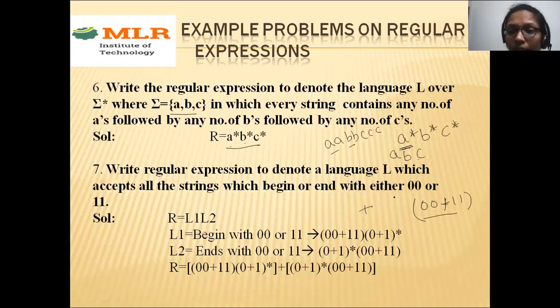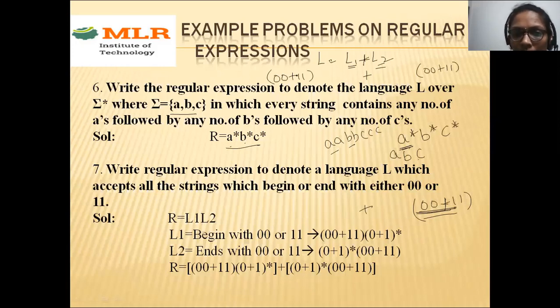So you're going to write two expressions here, and the overall expression is obtained by combining the two expressions using plus. In one expression, you start your language with this, so starting will be 00 or 11. In the other, ending will be 00 or 11.